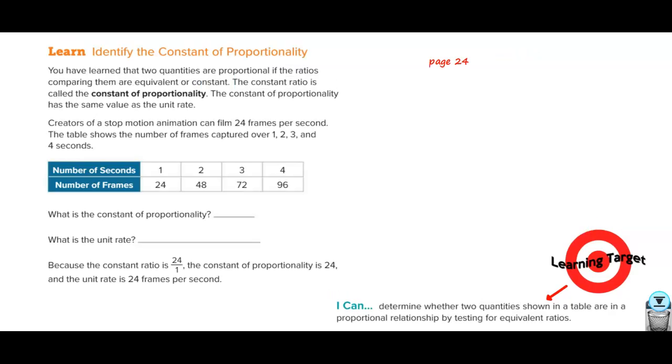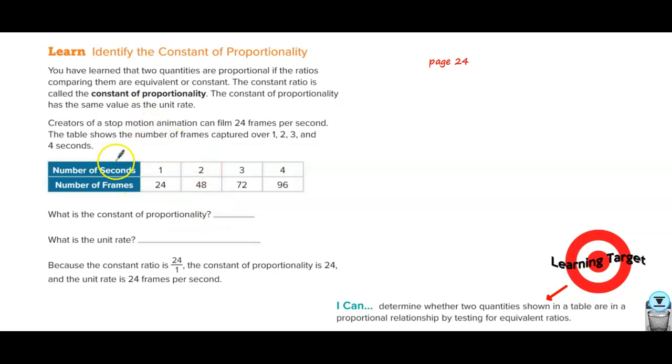All right, so in each case, the constant of proportionality is what we're actually finding. The constant of proportionality is what you would multiply this number with to get this one. Remember in the pizza example at the beginning, the constant of proportionality was 7, because no matter how many pizzas you ordered, you would multiply that number times 7. So they're asking us for the constant of proportionality here.